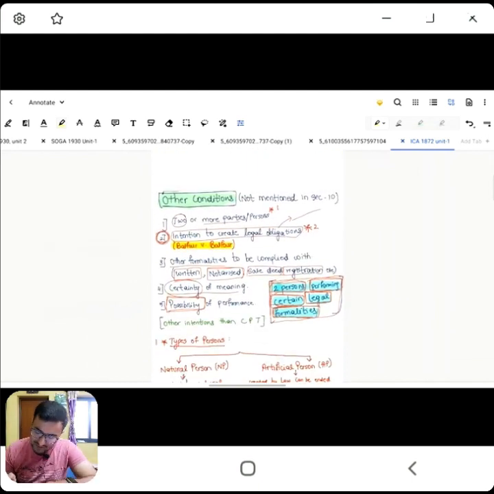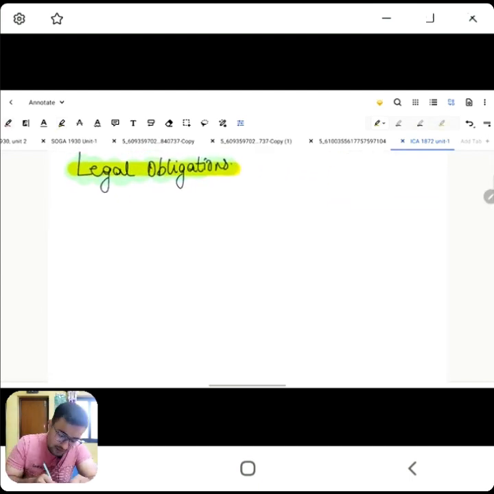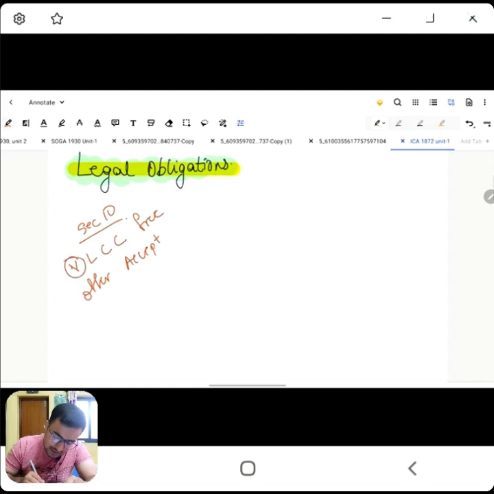So, what have we studied so far? Under section 10, we have 6 conditions: VLCC, free, offer, accept. What does V stand for? The contract should not be declared void. L, lawful consideration, lawful object. C, there has to be consideration. C, capacity of parties. Free consent.